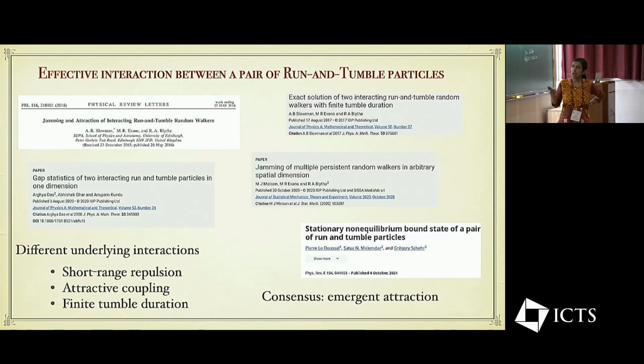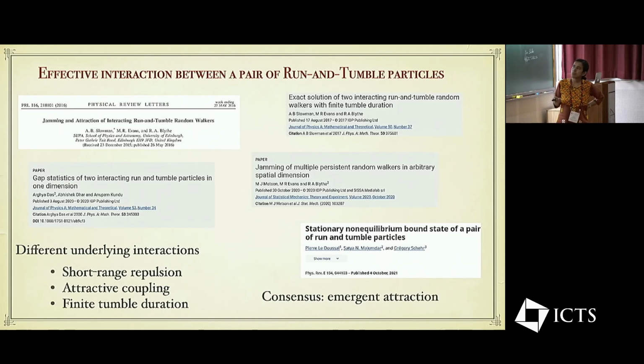This has been done in some example systems over the last 10-12 years. It was first done by Martin Evans and group in the context of two run-and-tumble particles moving on a lattice, and they showed that in presence of exclusion interaction, an attractive interaction emerges.